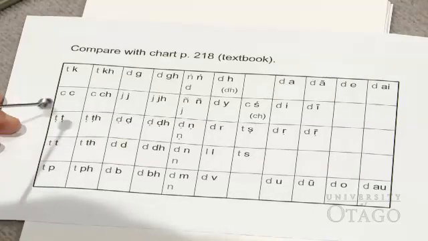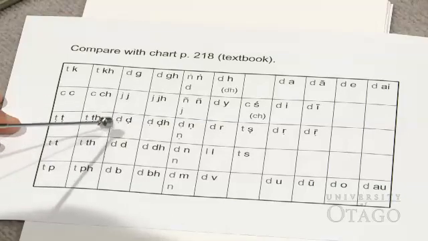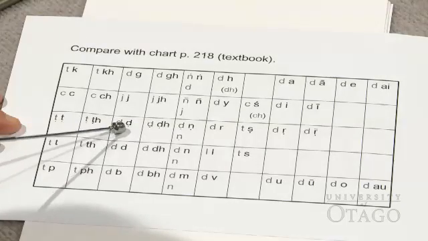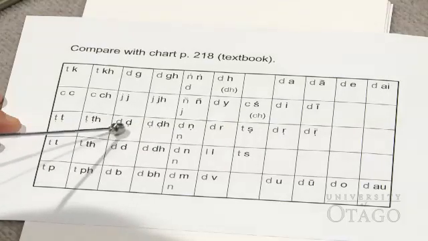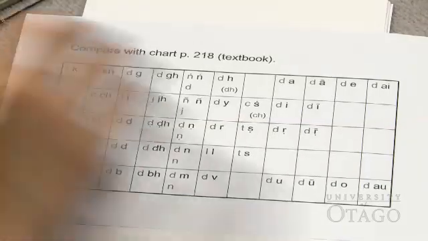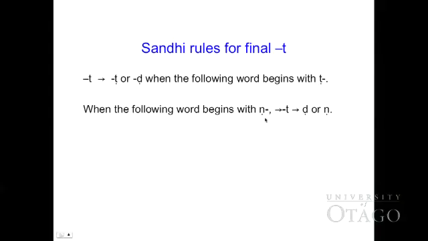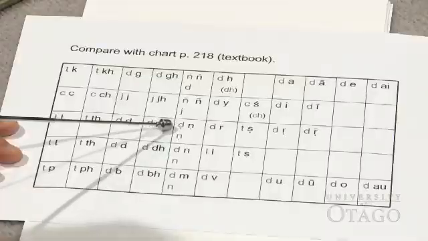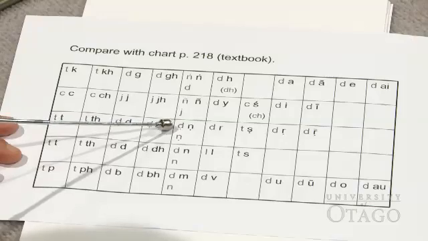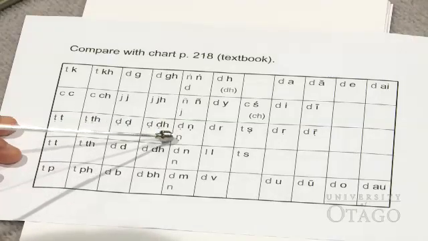And change T to D dot if the following begins with D dot or DH dot over here. So this is rule number 2. And when the following word begins with N dot, T can change to D dot or N dot. See from this chart, if the following begins with N dot, T can change to D dot or N dot here.